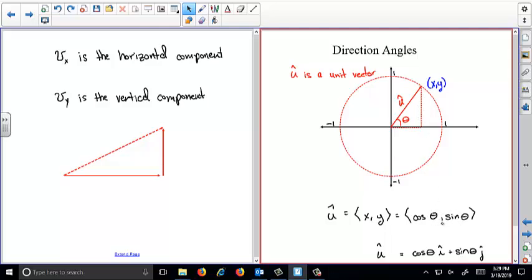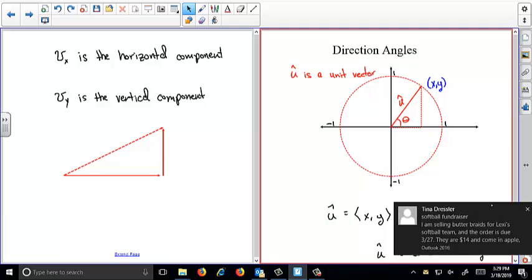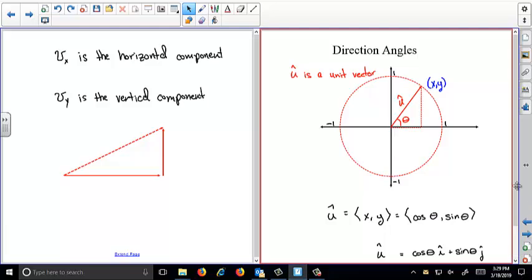So this is using directional angles, where this angle theta is defined relative to the positive x-axis. So this angle is going to be less than 90 degrees. If it's in the second quadrant, it'll be between 90 and 180 degrees. So this notation allows you to represent the unit vector in terms of the cosine and sine of this angle.